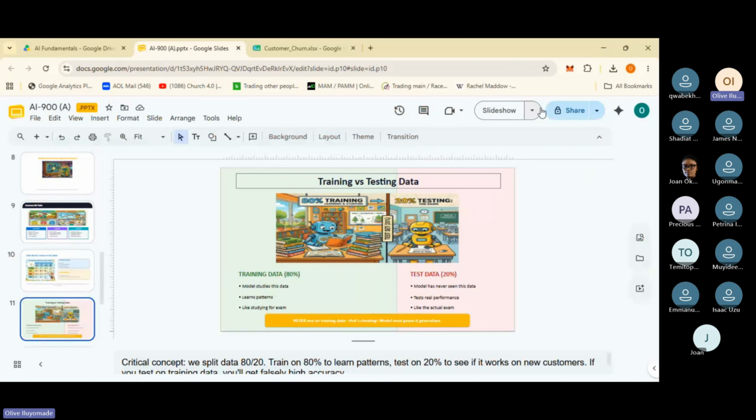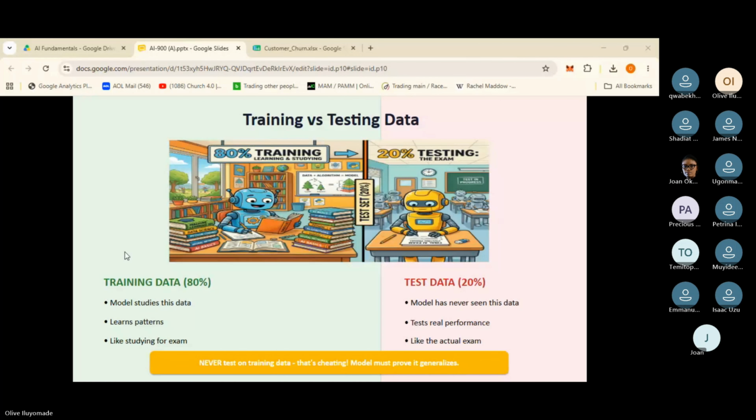Sorry about that. I mentioned testing just a minute ago. The model is trained with training data and testing data. The concept that we usually use is that we split the data. Percentage-wise, 80% of the data that we put in is the training data, and 20% is the test data.